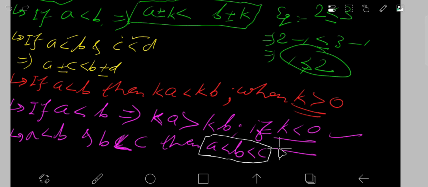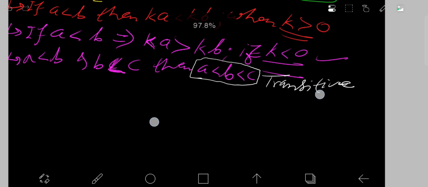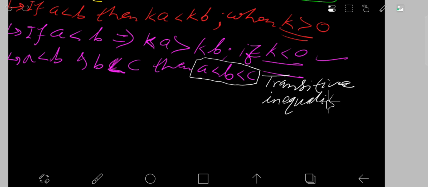This is called transitive inequality. This is called transitive inequality property.